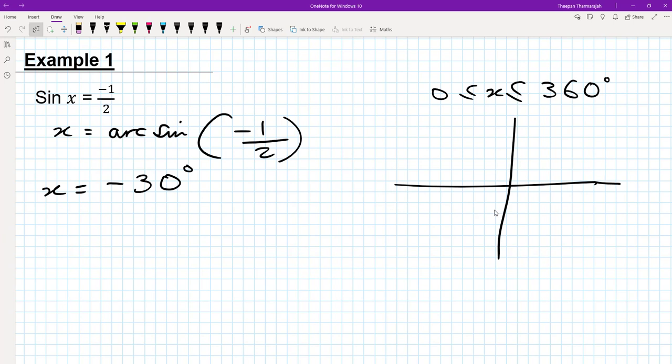So we can draw a CAST diagram again. Now we say, where is sine negative? Well, it's negative in the third quadrant. So we draw in 30 degrees there. It's negative in the fourth quadrant.